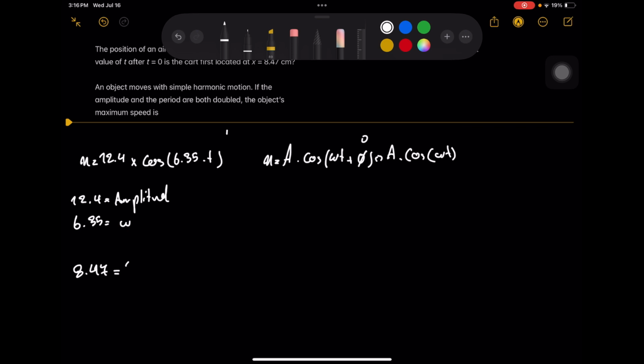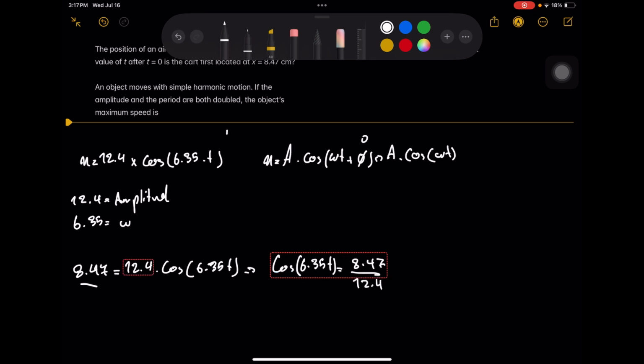We just have to put it in the formula: 8.47 equals 12.4 cosine of 6.35 t. So the cosine of 6.35 t equals 8.47 over 12.4, and the answer would be 0.683.